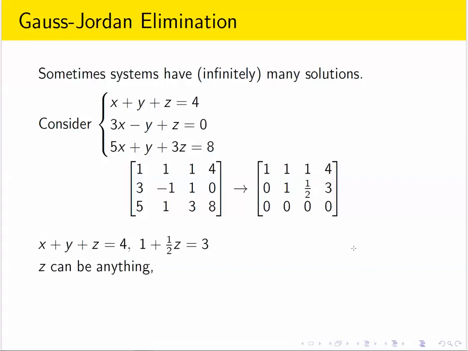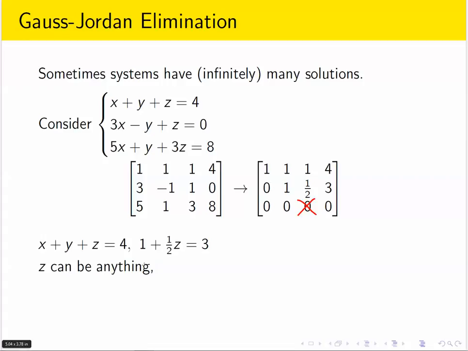Now, if we found a single solution, we would expect that third row to be telling us what z is. But because there's a 0 coefficient here instead of a non-zero coefficient for the coefficient of z, this is not an equation that can tell us what z is. In fact, z can be anything.